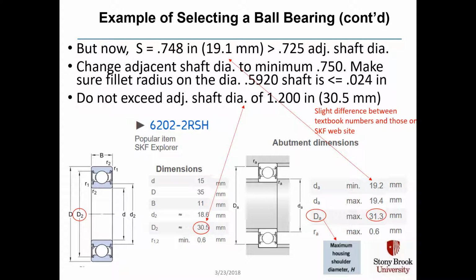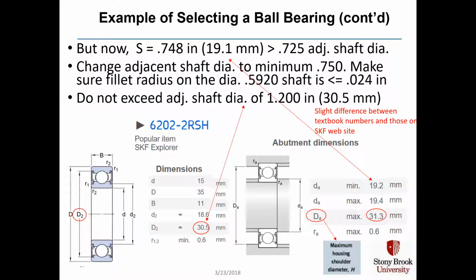In this case, our textbook said go with 19.1 millimeters, and in fact, if you look at the chart on the lower right side for what SKF calls D sub A, they're saying that it should be 19.2 millimeters, but that's really not very much.